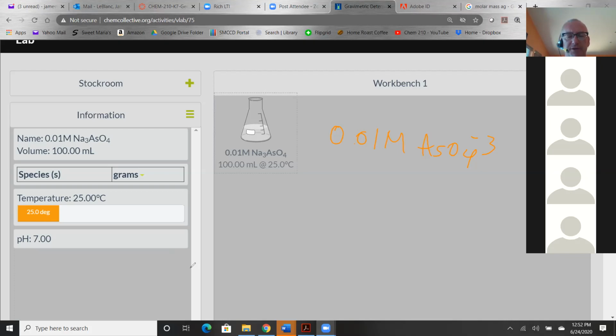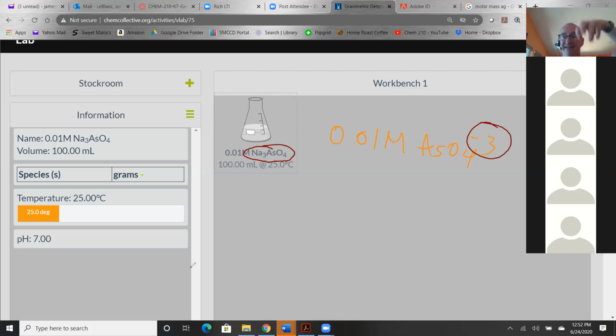Anybody else want to hazard a guess? Would it be 0.03? Yeah, actually, that's right. It'll be 3 times more because in solid sodium arsenate, there's 3 moles of sodium ions for every 1 mole of arsenate, because arsenate's -3, right? So there needs to be 3 times as much sodium in order to balance that charge.